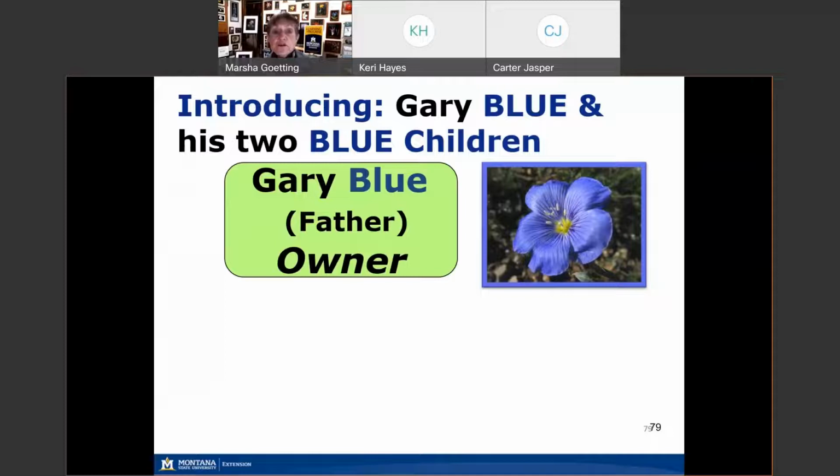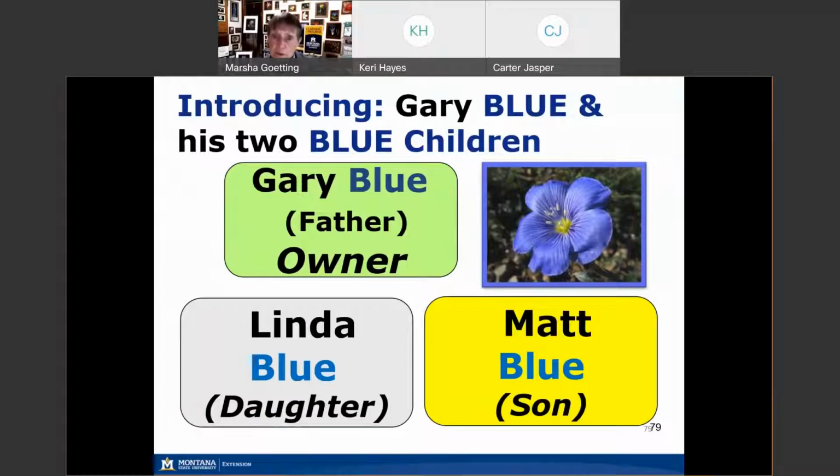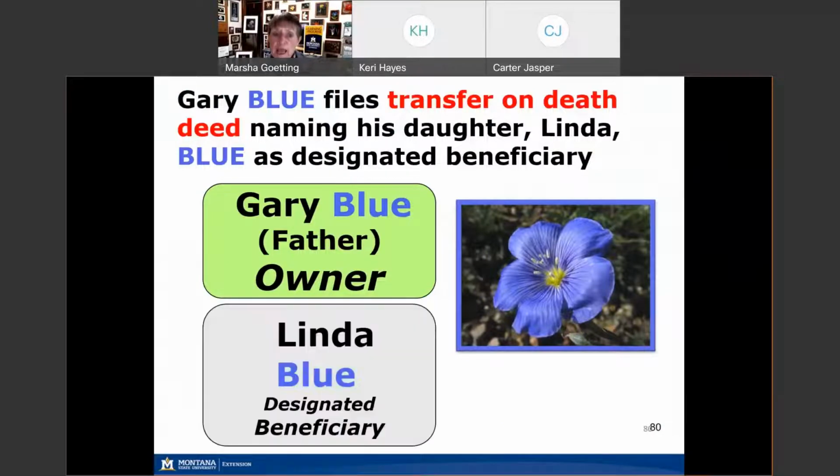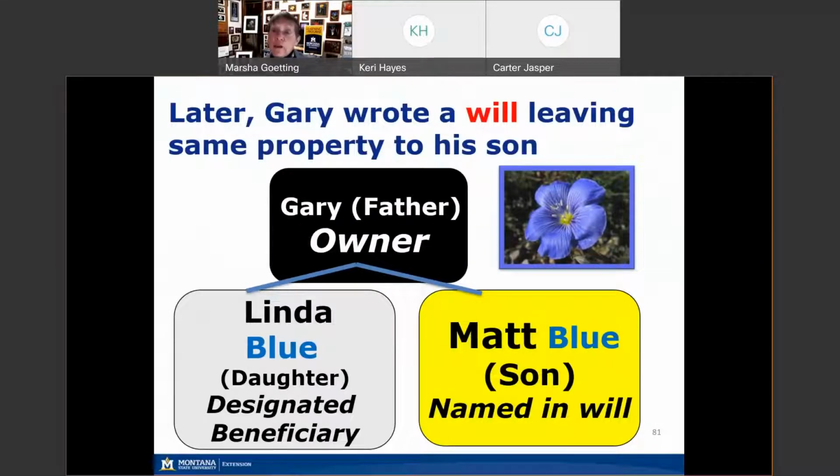So I want to introduce to you Gary Blue. Gary Blue is a father, and he happens to have 2 children, Linda Blue and Matt Blue. And what we discover here is that Gary Blue is owner of property, and he's named Linda Blue as his beneficiary. All right. So later, however, Gary wrote a will, and he decided to leave that same property to his son, Matt.